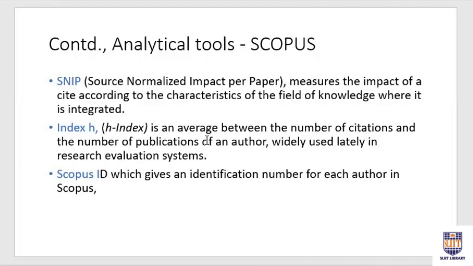The other one is a very individualized ranking system called the H index. We are all very familiar with the H index. If somebody has a very high H index, that means the author is highly cited by many other authors. This is an average between the number of citations and the number of publications of an author, widely used lately in research evaluation systems.